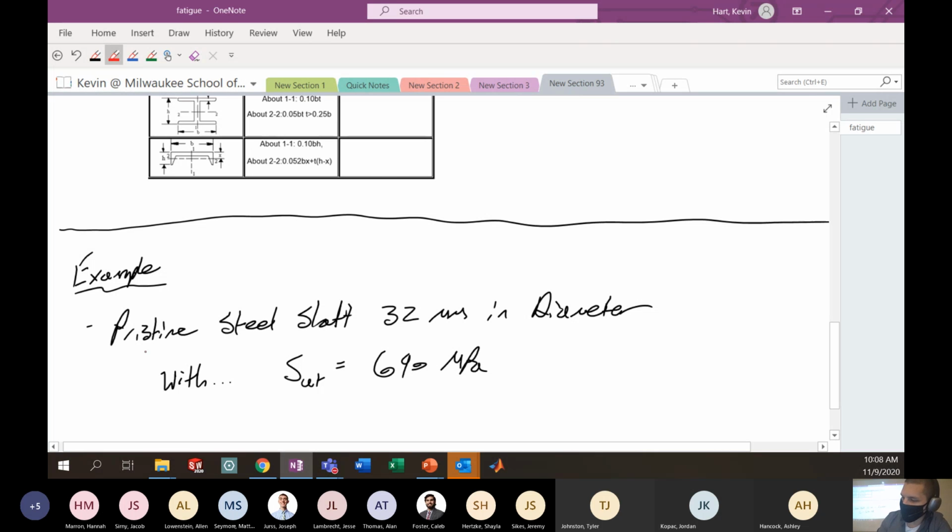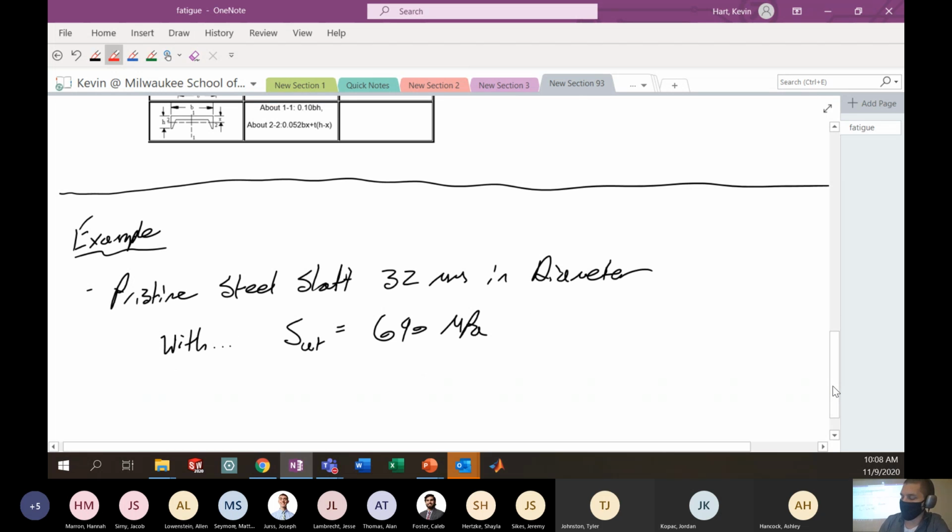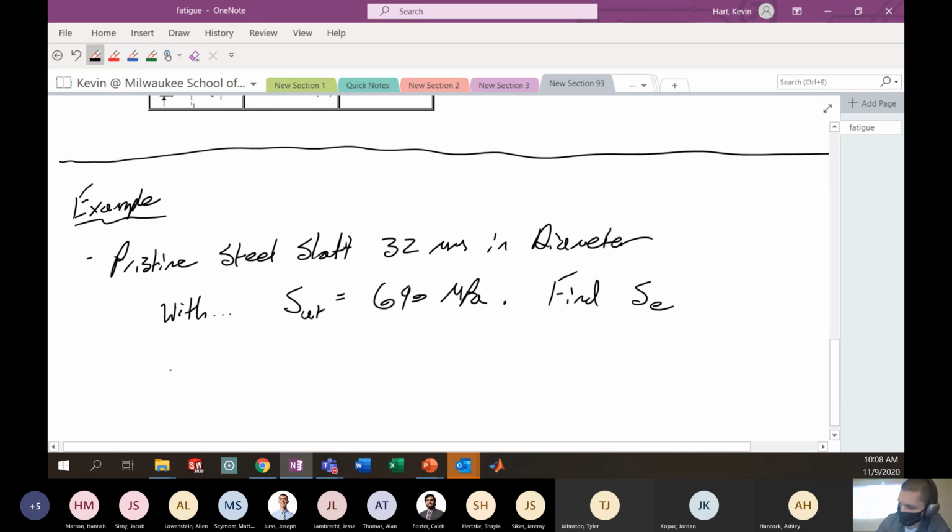All right, so pristine, this word is important here. It's telling us that the surface of the material is well polished. It's pristine, so not ground or hot rolled or forged or anything like that. So we don't have any surface modification that we need to make. All right, so here we have an ultimate tensile strength of 690 MPa.